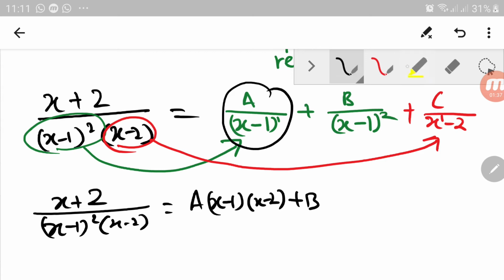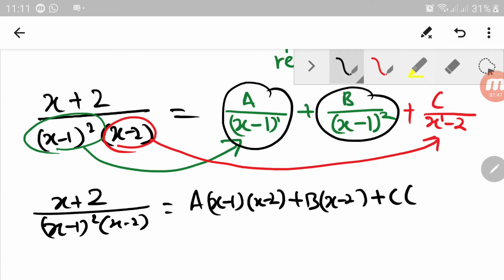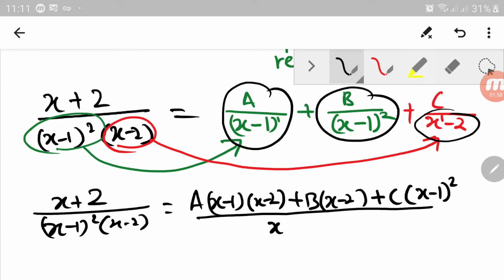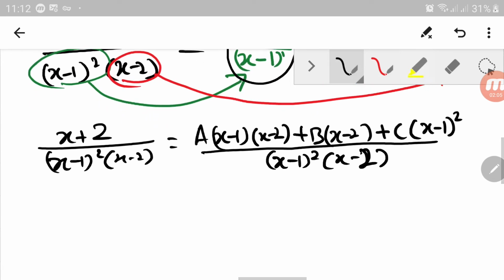B already has x minus 1 squared, so what B needs is x minus 2. Plus C already has x minus 2, so what C needs is x minus 1 squared. Then we're done with the addition of the fractions.